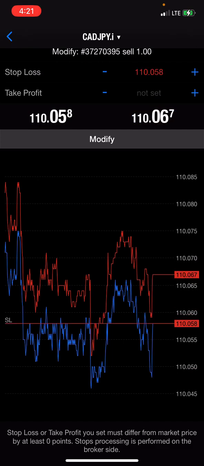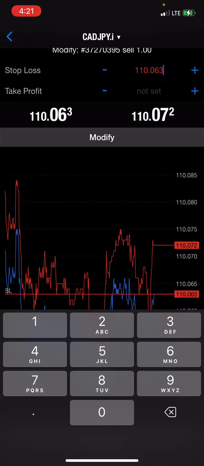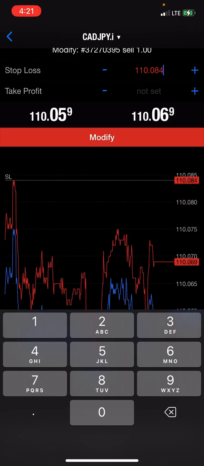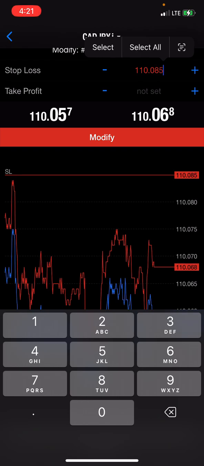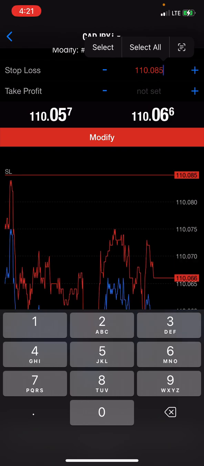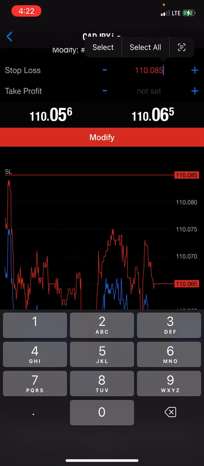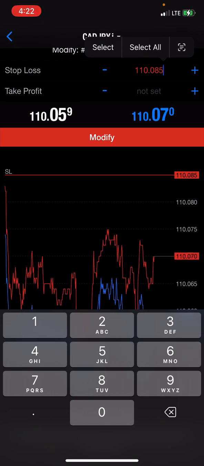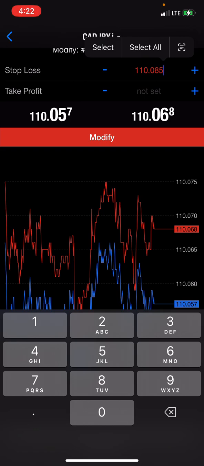So let's say I did my stop loss at 110, let me just show you. Let's say I did my stop loss here. This means if it goes beyond this point, just take me out of the trade. But I would be in the negative, which sometimes you've got to do. You've got to do what you've got to do, right?